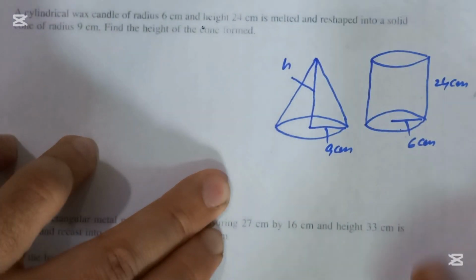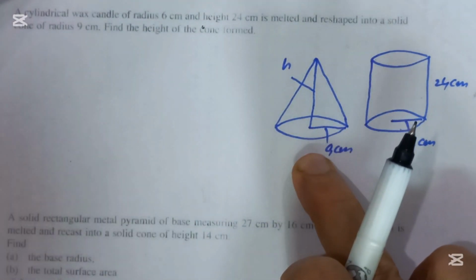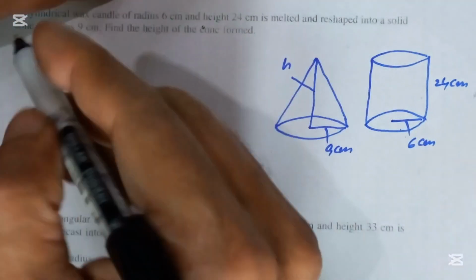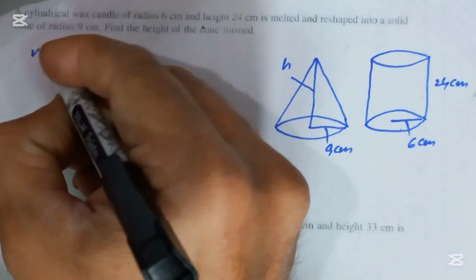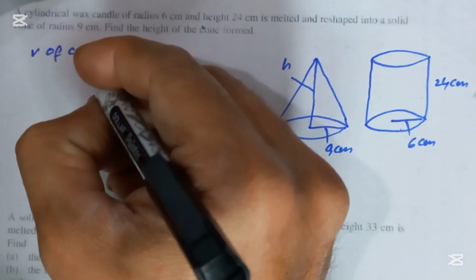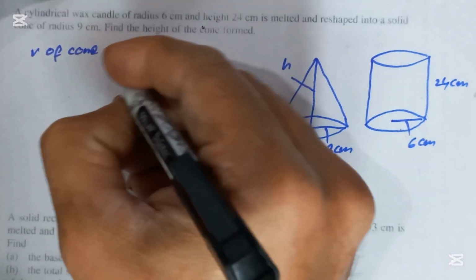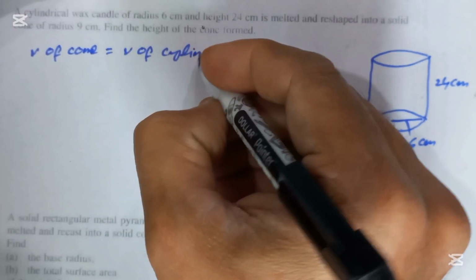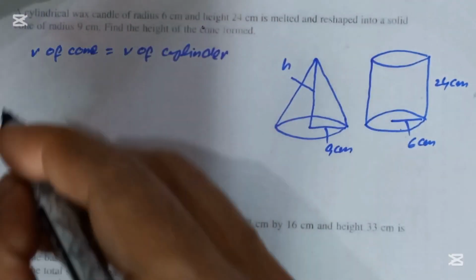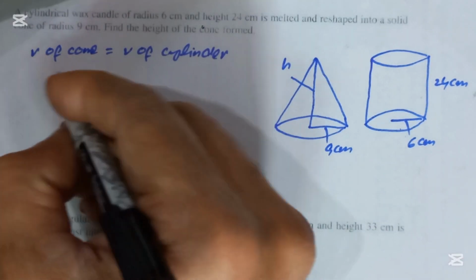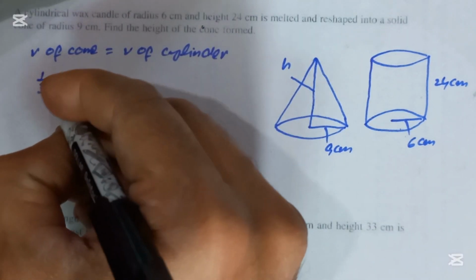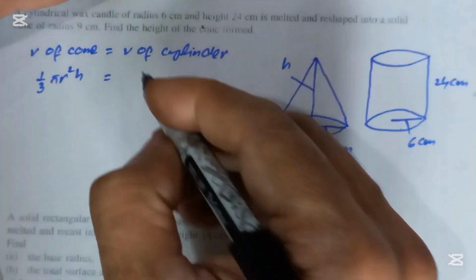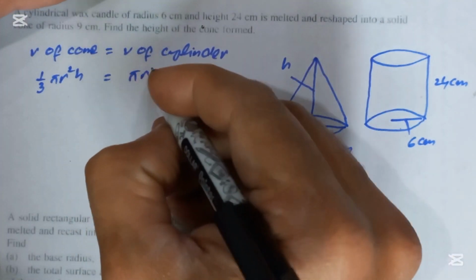But remember one thing, this full cylinder is going to be melted and reshaped into a cone. So volume will be the same, like volume of cone will be equal to volume of cylinder. Now put the formulas of the shapes. Volume of the cone is 1 by 3 pi r square h, and volume of the cylinder formula is pi r square h.